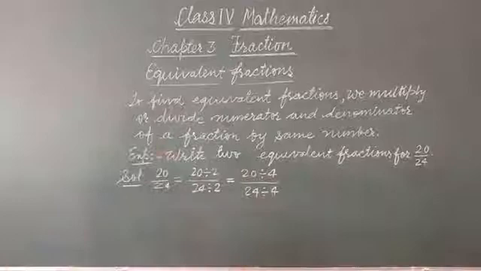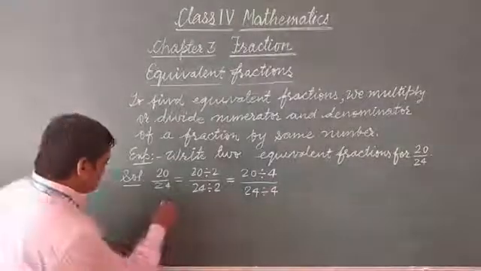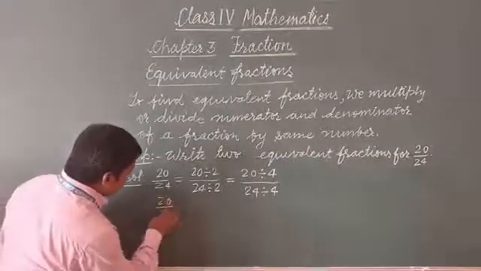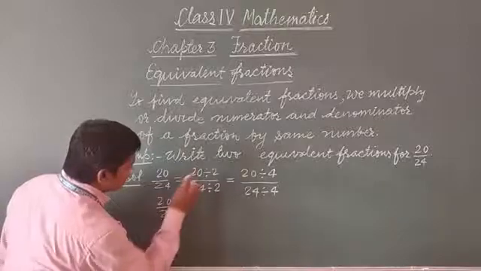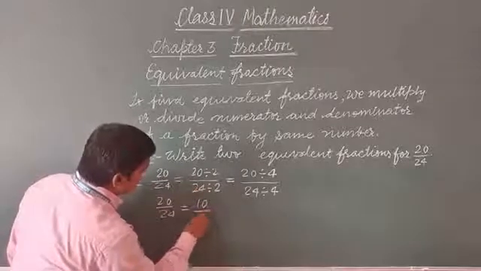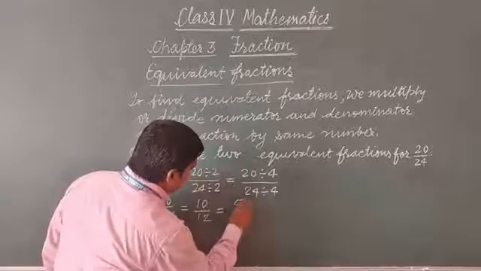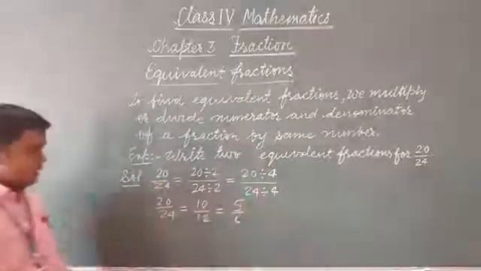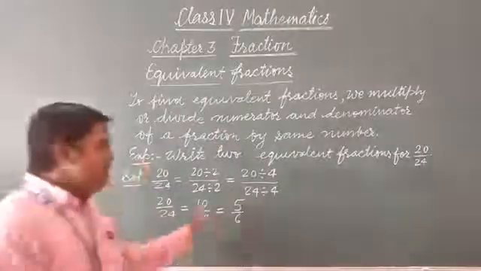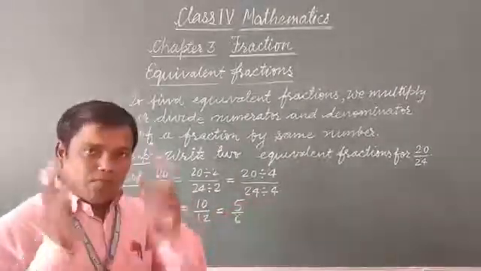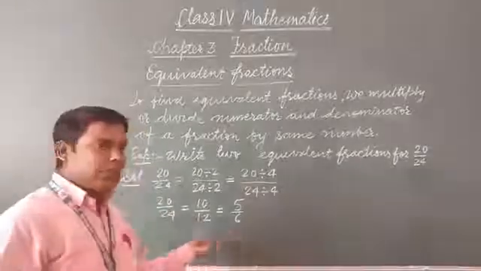Okay, so we got here 20 by 24 is equal to 10 by 12 is equal to 5 by 6. Now by dividing with the same number, we also got the fractions, that is equivalent fractions for the given fraction.